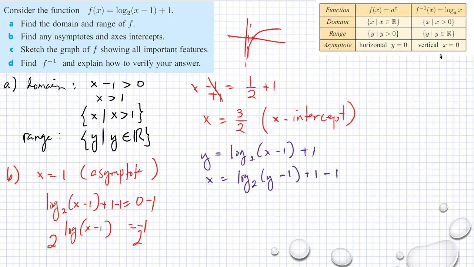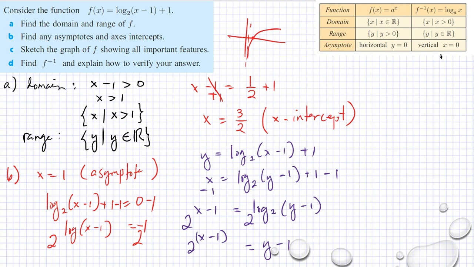If we subtract 1 from both sides of the equation, then we have x minus 1 is equal to logarithm of y minus 1, with a base 2. So now this is y minus 1, and this is now 2 raised to x minus 1.